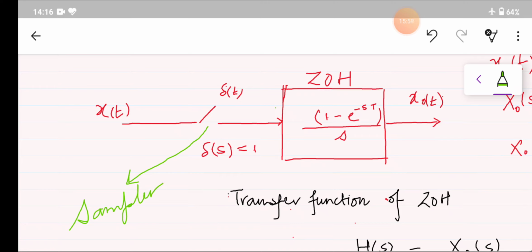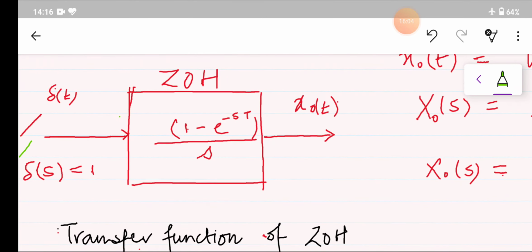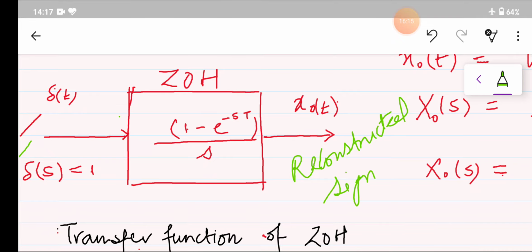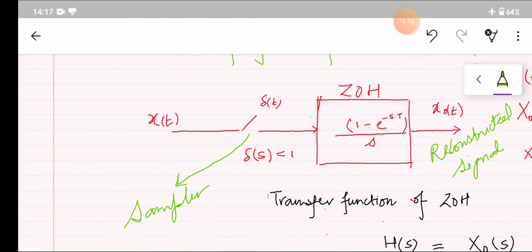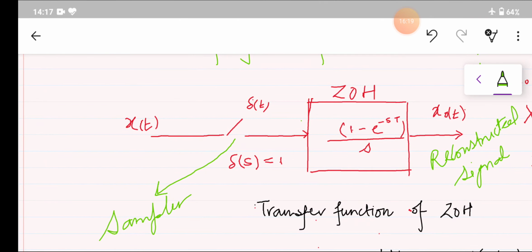Here we have the sampler and here we have the zero order hold. x0(t) is our reconstructed signal, and x(t) is our original signal.